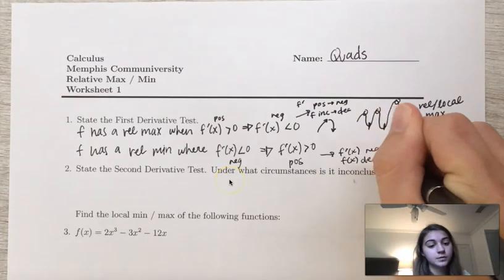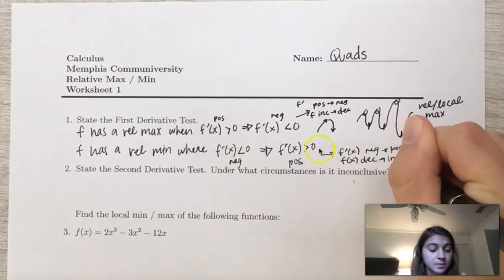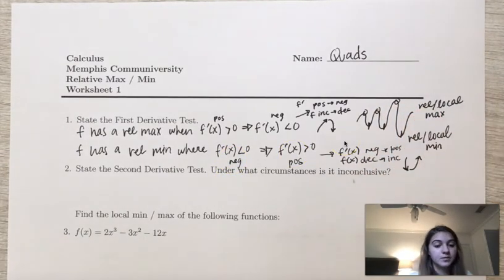And the opposite is true for relative mins. f prime is going from negative to positive, which means f is going from decreasing to increasing. So it's important to note that when we draw our sign charts, we're not going to be looking for the highest point on the sign chart.